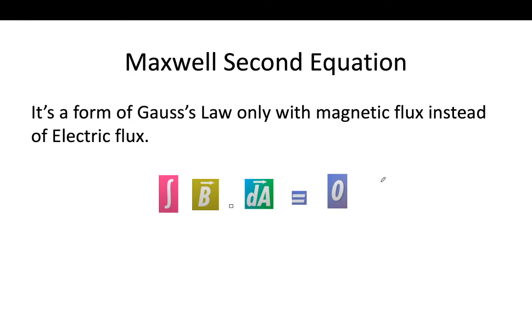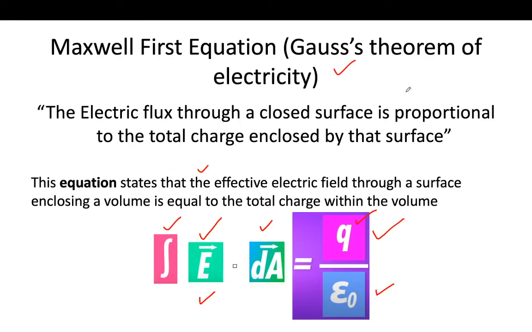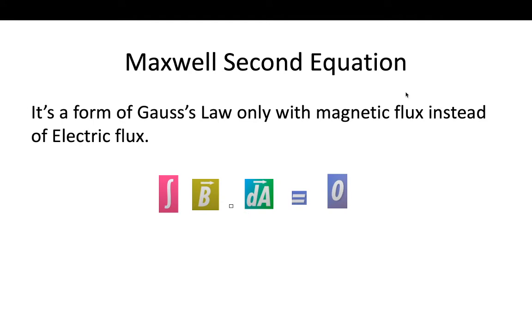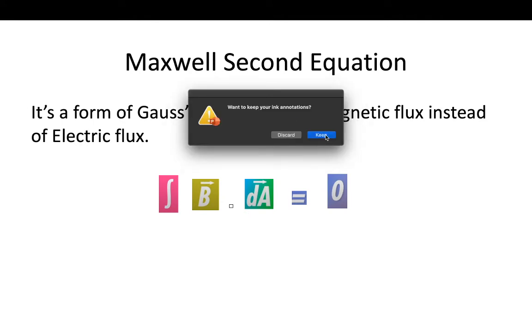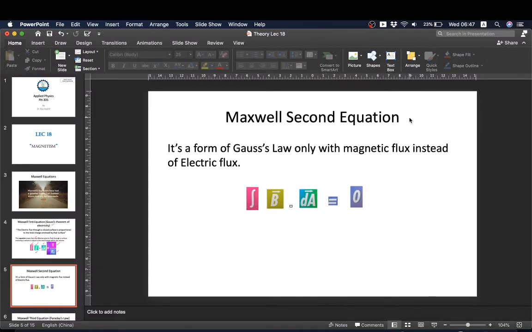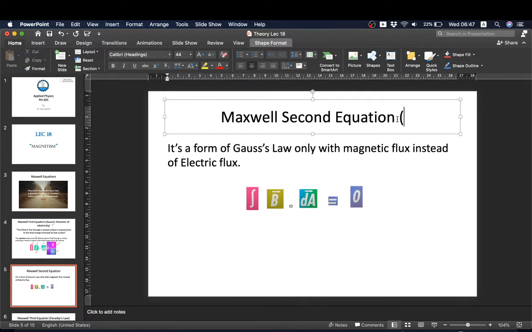Now go to the Maxwell second equation. The first equation was related to electricity and this second equation is related to magnetism. So here we can write it, Gauss's law in magnetism.